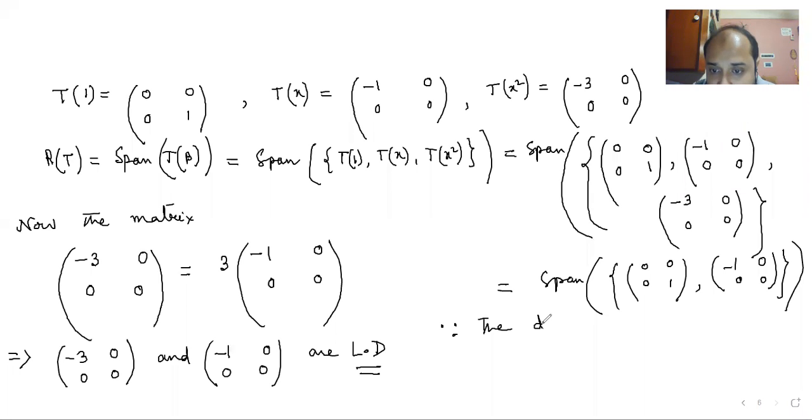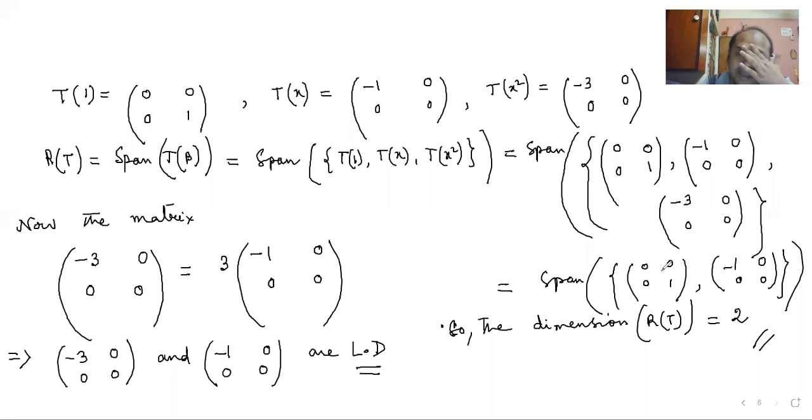So the dimension of RT will be equal to 2, because its spanning set contains 2 elements.